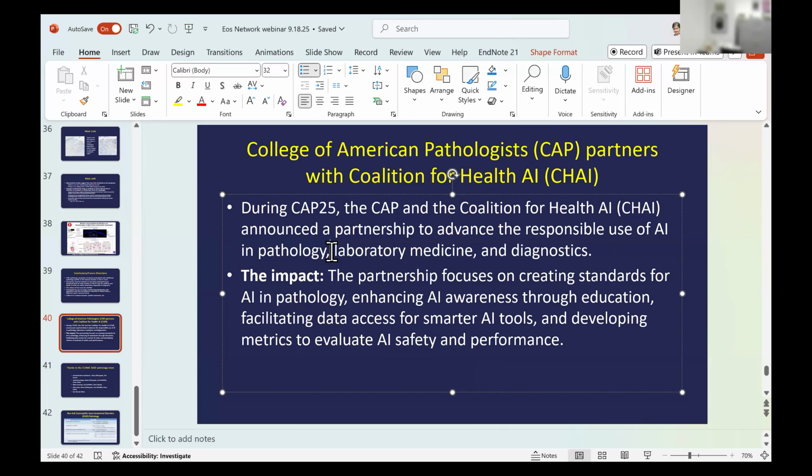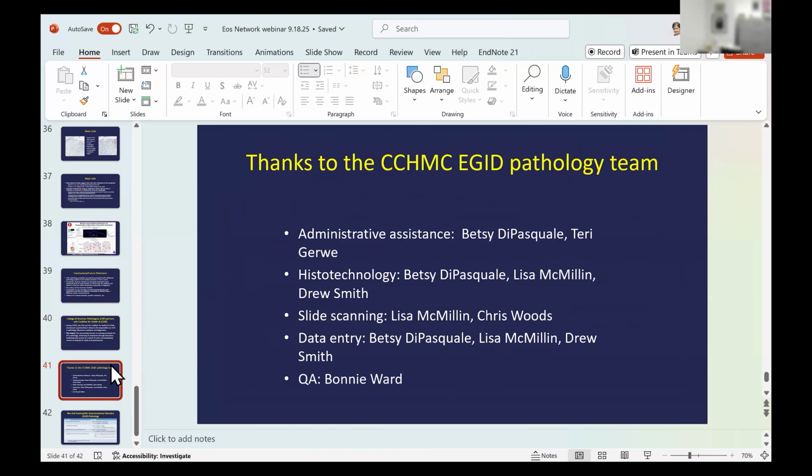And they're hoping with CAP to form a partnership that focuses on creating standard practices of AI in pathology and so on. So AI and pathology are now real partners, and we hope to find out certainly more about that from Dr. Sevier. So thank you so much for your attention and for the opportunity to speak with you.